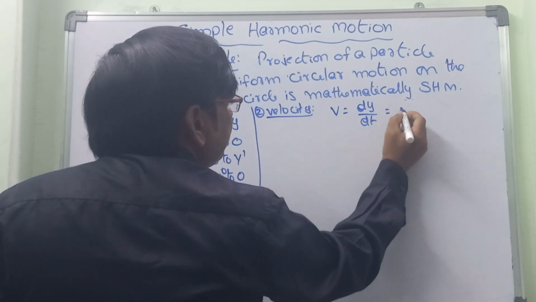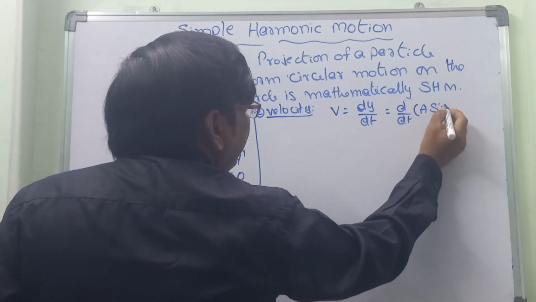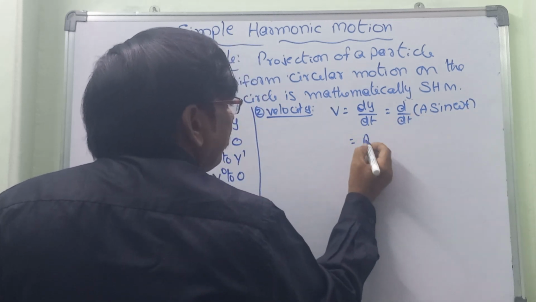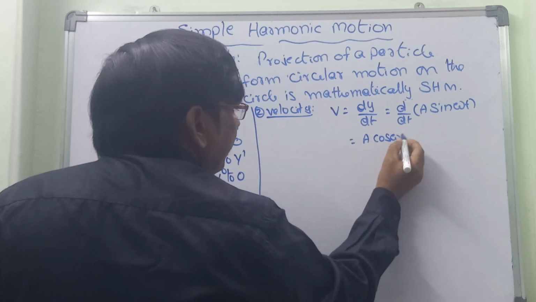So that is equal to d by dt of A sin omega t. Here A is a constant, and d by dt of sin omega t is cos omega t.